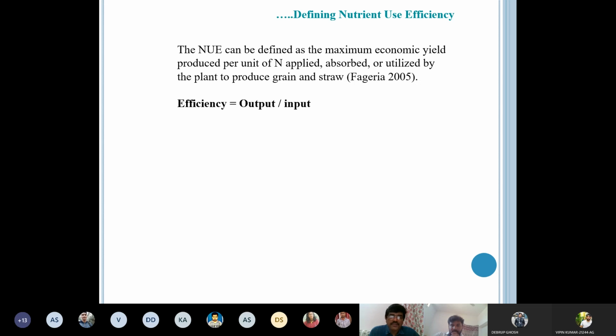And as such, we know what efficiency is. Efficiency means we use a variety of inputs, and those inputs are converted into output. That is what we call production. So in production, many inputs are transformed into output. So efficiency is output divided by input. In any sphere of our life, when we talk about efficiency, it is output divided by input.